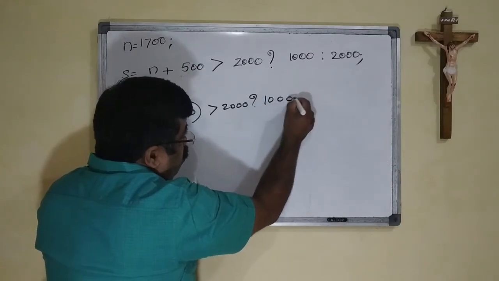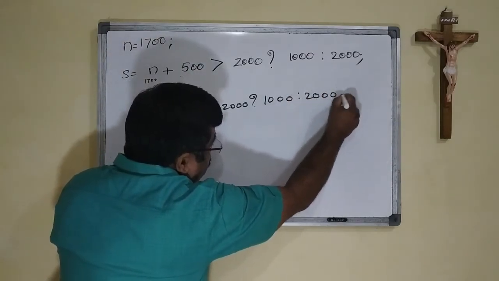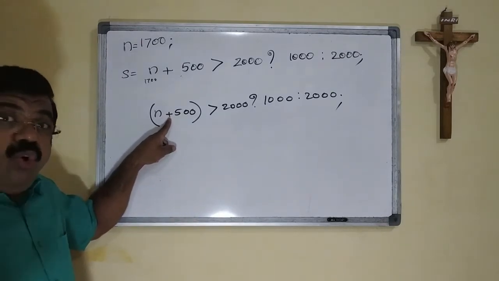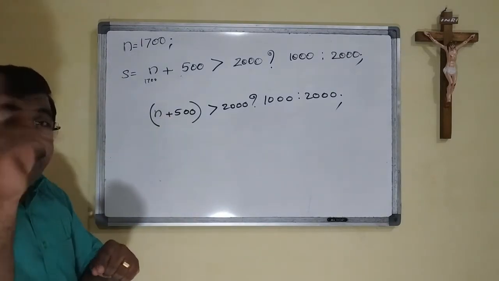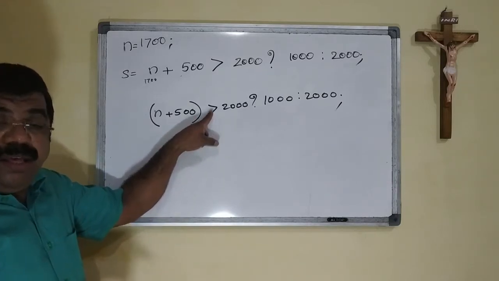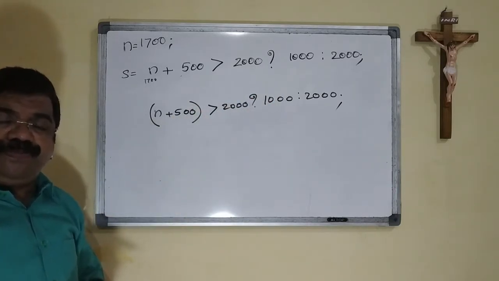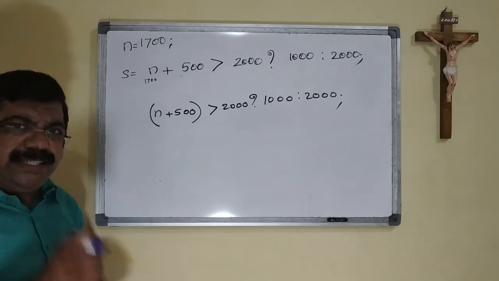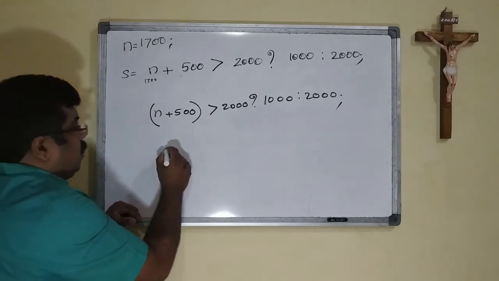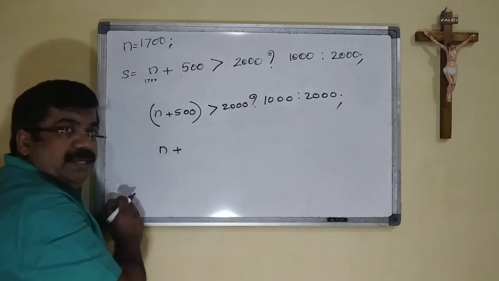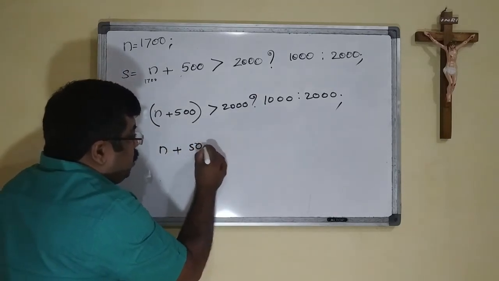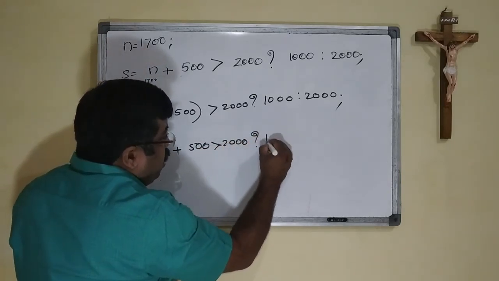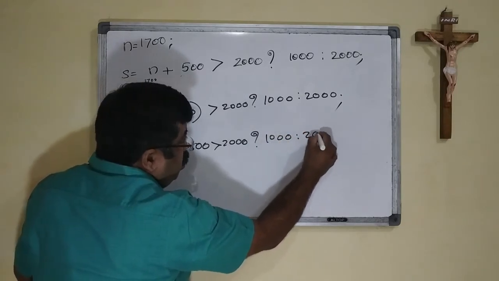then 1000, otherwise 2000. This is understood by the computer because the plus operator has got higher precedence than that of the conditional operator. But suppose we wanted to evaluate it in this format, N plus, and 500 greater than 2000, question mark 1000 and 2000.